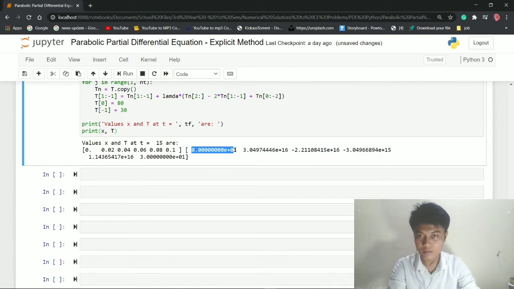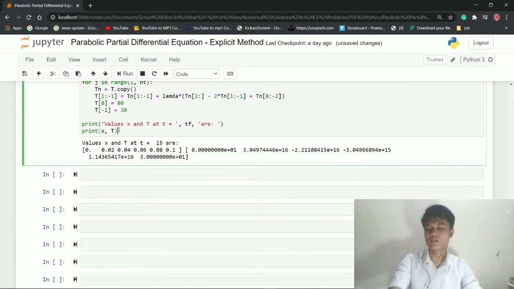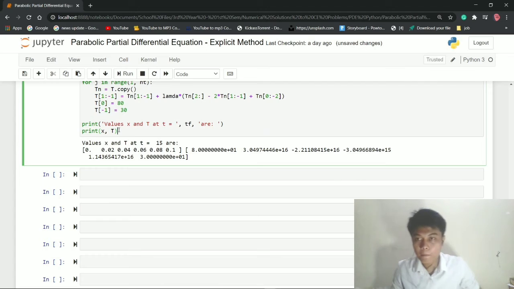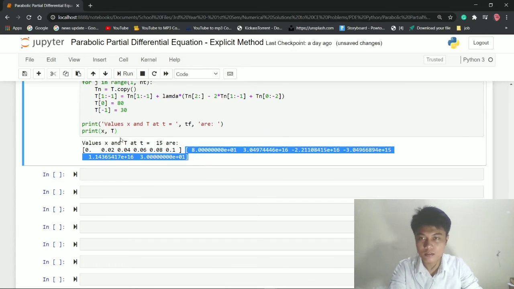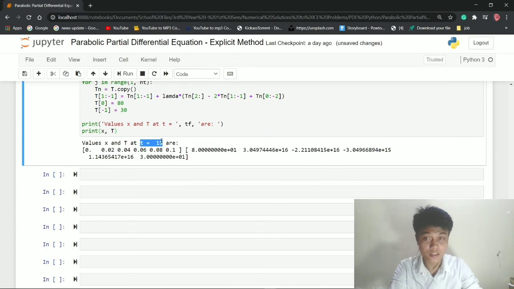Meron na tayong sagot dito. Dito, ito yung ating x. Ito naman yung ating temperature at that location. So, our t is equals to 15 seconds. Currently, nandito tayo sa t is equals to 15 seconds.